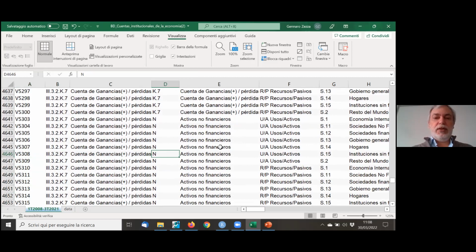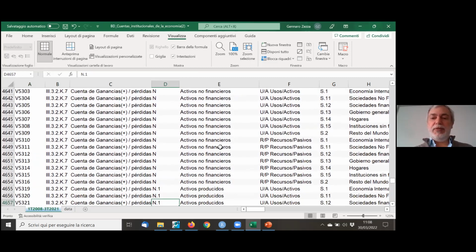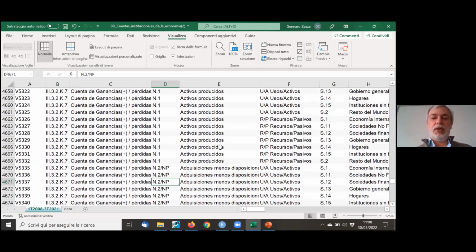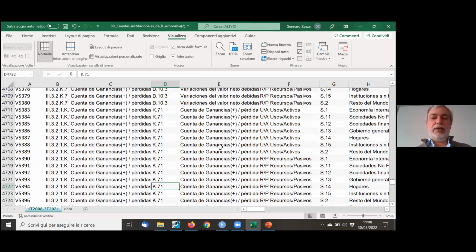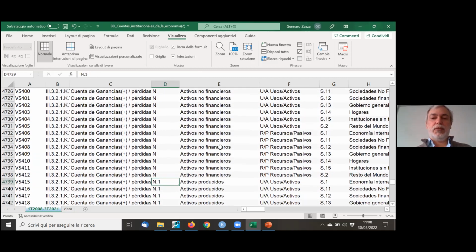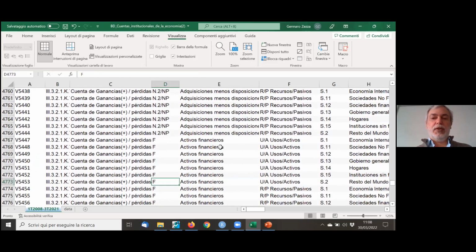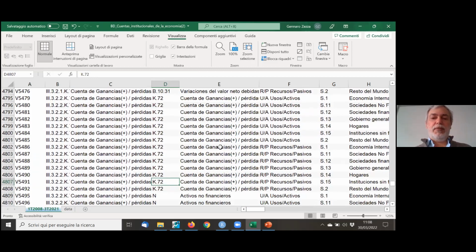So let's look at the same things we were trying to estimate. We were looking at the government bonds.